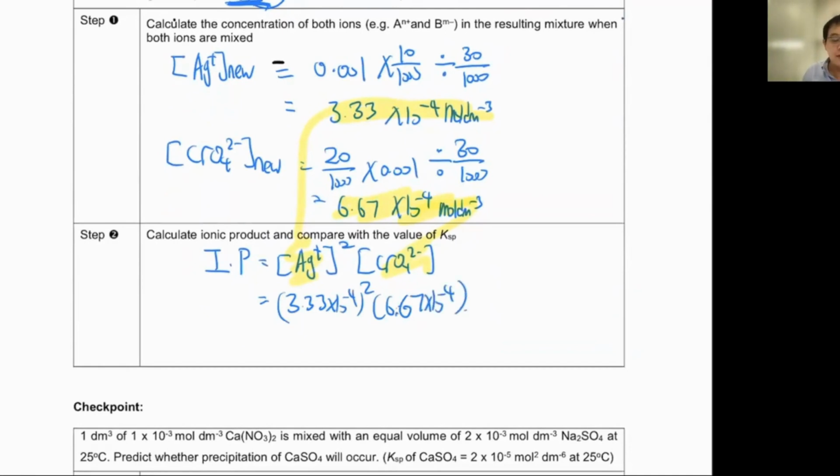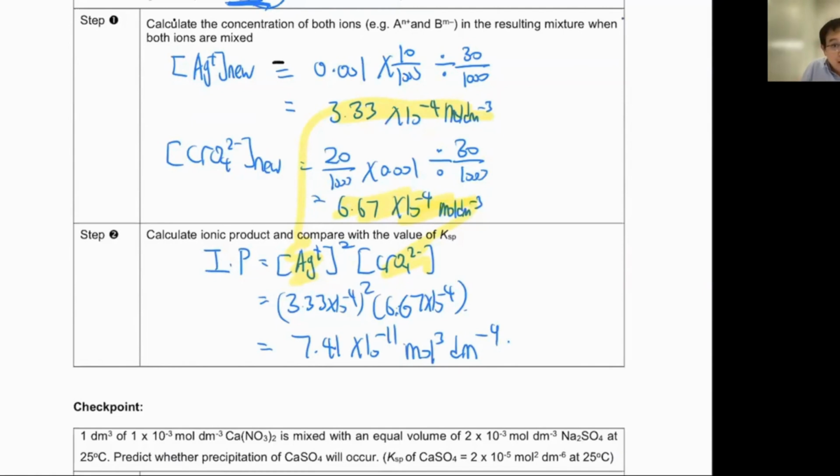Then what do you do next? Then all you need to do is just press the calculator and find the IP value. The IP value is 7.41 times 10 to the power of negative 11. Now this is the IP value and the unit is mol³ dm⁻⁹. Now your goal is to compare against the KSP. Is the IP more? More means it will precipitate.